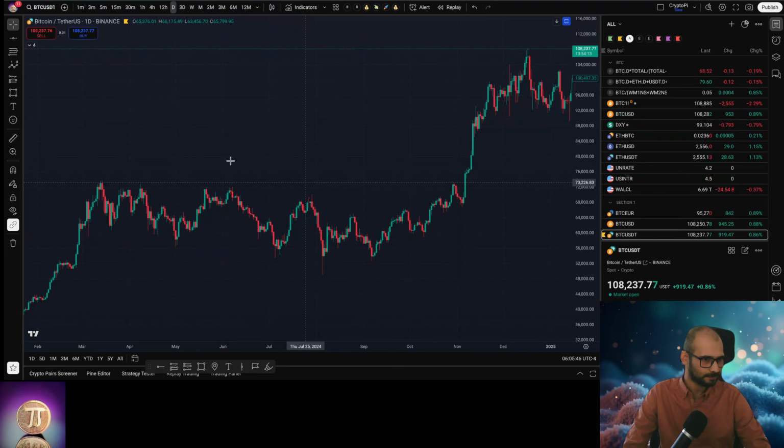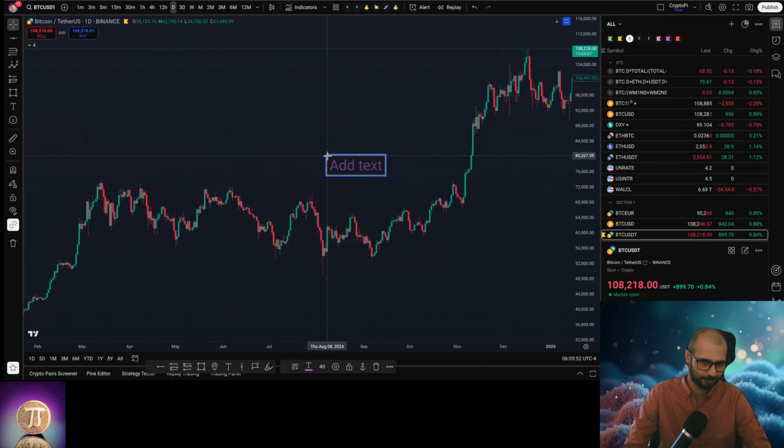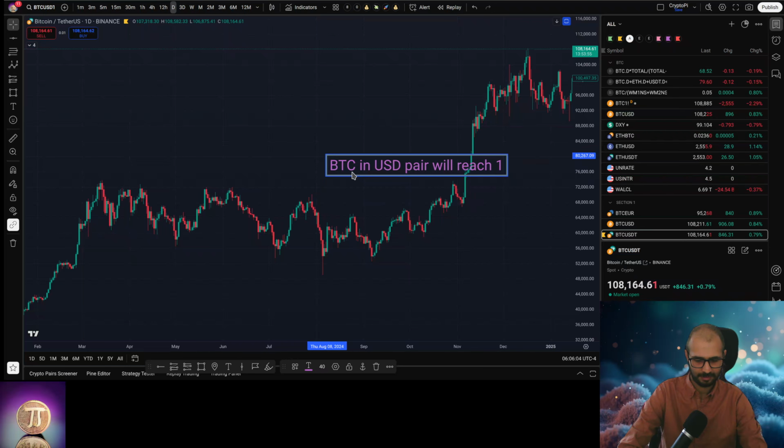Of course, you can have this text tool, which I really like for making some notes. BTC and USD pair will reach 120k this year. Maybe. We don't know.